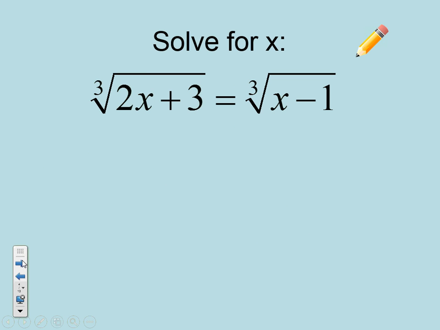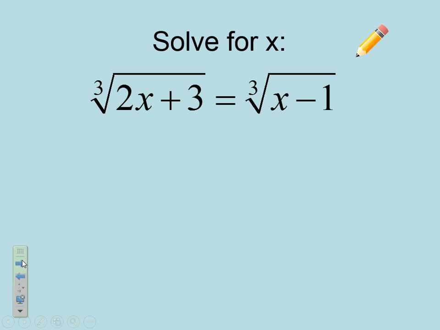Okay, let's take a look at a second example here. We have the cube root of 2x plus 3 equals the cube root of x minus 1. Now I'm not seeing anything that looks easy to move or easy to get rid of. Because of that, I think I need to do something first that would free up these terms.